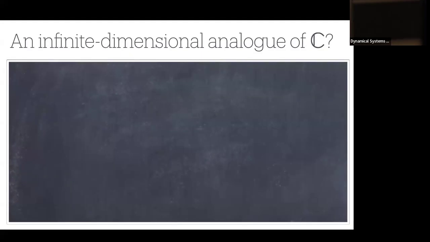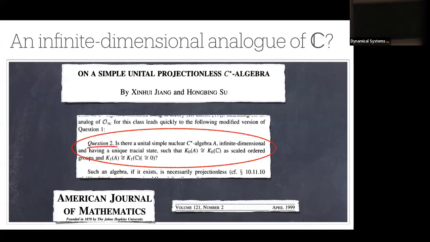Okay, and so this was a major stumbling block for Elliott's classification in some sense, because there was a question: can you find a simple unital nuclear C-star algebra that's infinite dimensional and has unique trace? What this is saying is it's now an infinite dimensional algebra that looks, from the invariant's point of view, exactly like the complex numbers.